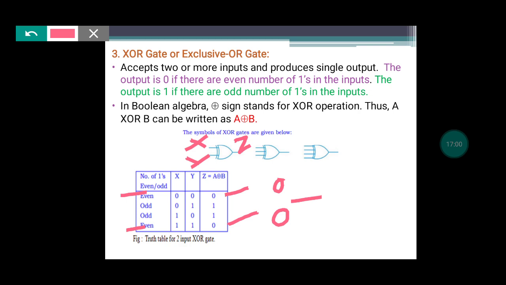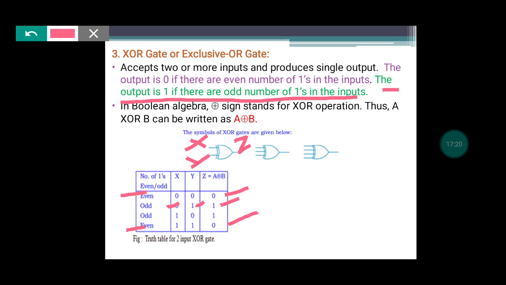Now in the second one, see here X input is 0, Y input value is 1. So what is the output? That is 1. Why is it 1? Because the output is 1 if there are an odd number of ones in the input.